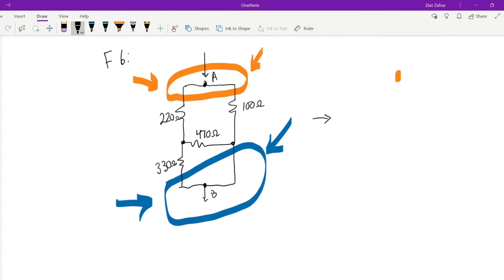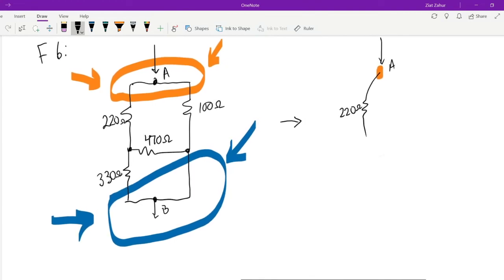So we have A. There we go. This is still the 220. Okay, and then we have the 100.